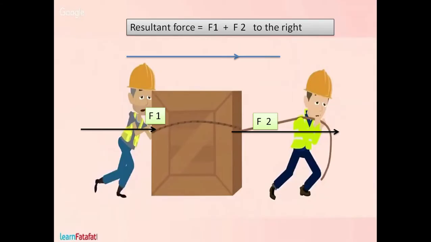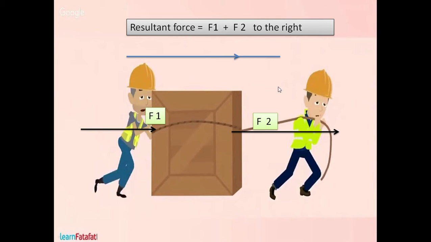Now, look at this picture. You can see two people are pulling a huge weight, a box, and they have applied two forces to the same direction. What is the resultant of these two?